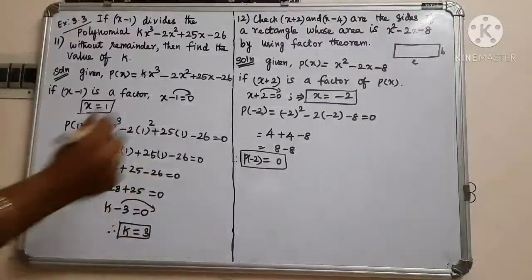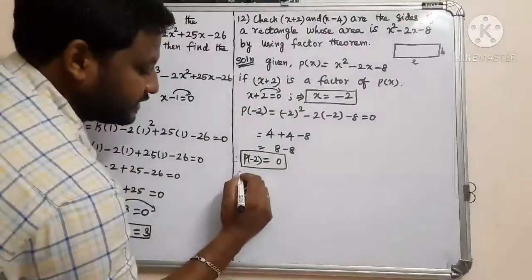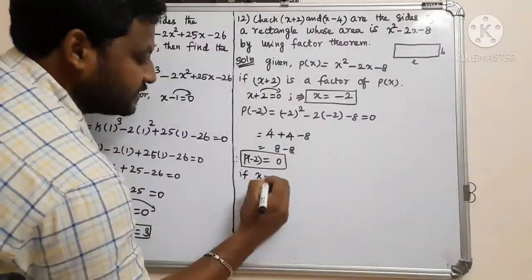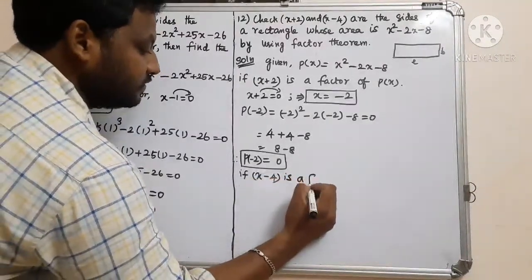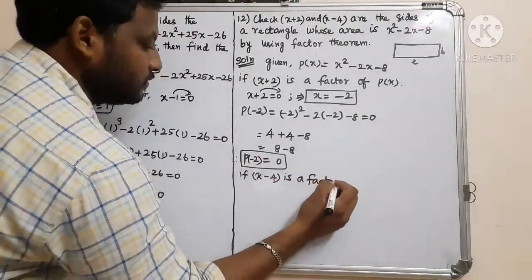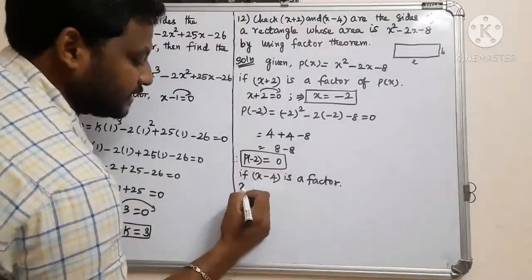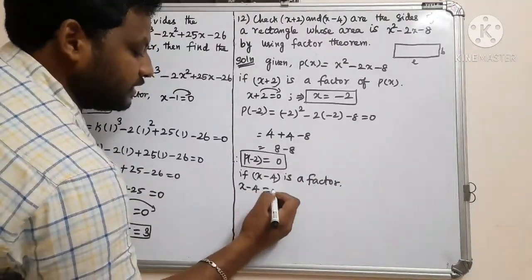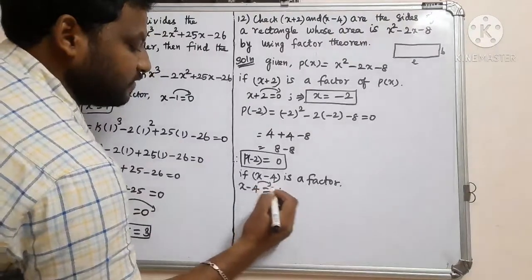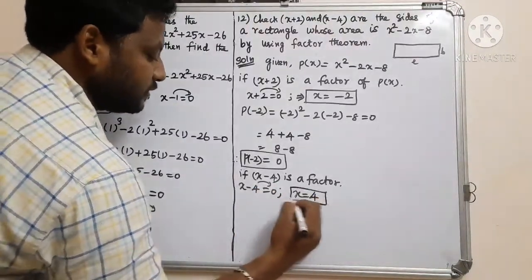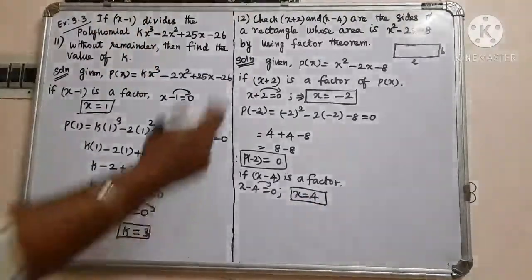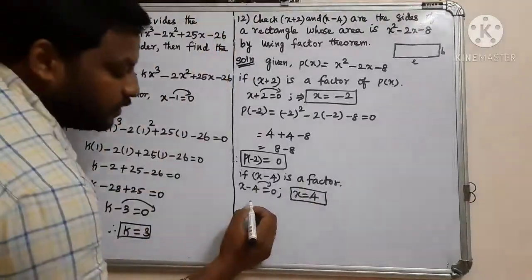Then the second factor: if x minus 4 is a factor, then x minus 4 is equal to 0. Then minus 4 will change into plus 4. So x is equal to plus 4. So substitute x is equal to plus 4 into the polynomial p of x.